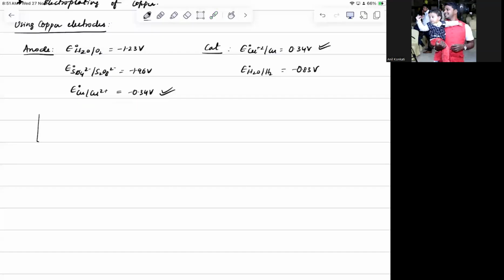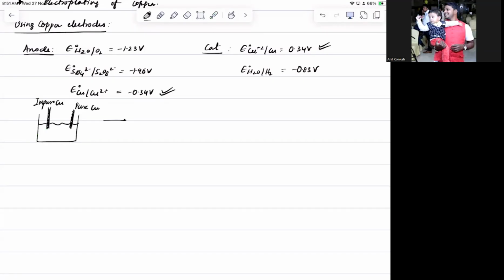Suppose in electrolysis this side is the anode, and here you have a cathode, and this is impure copper, and this is pure copper. We can use this impure copper to melt, and here it will get deposited.